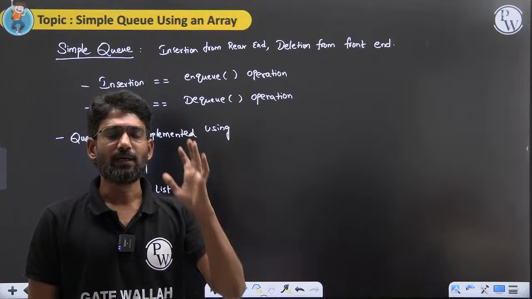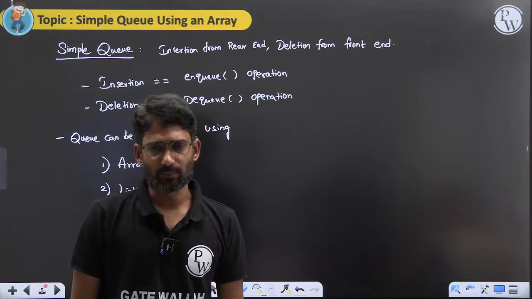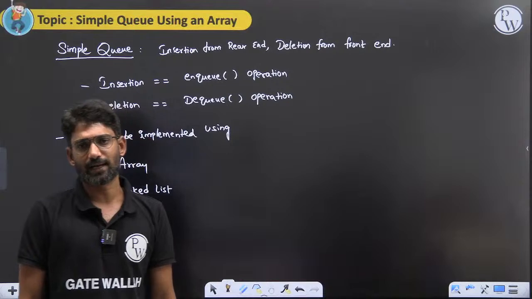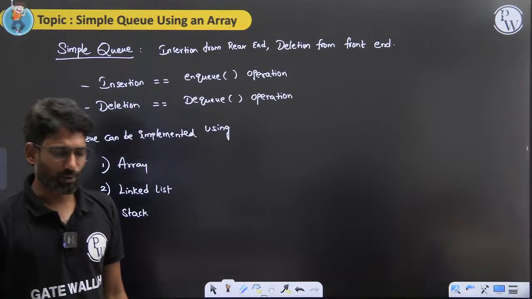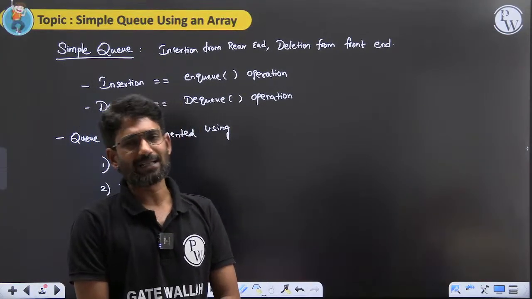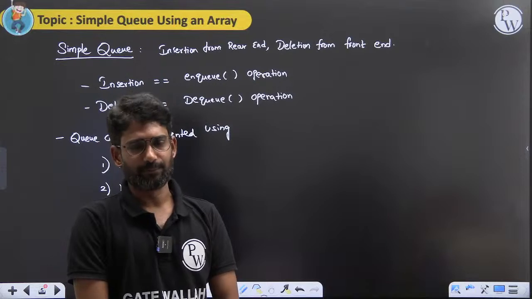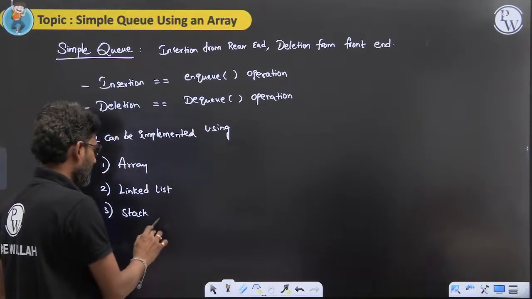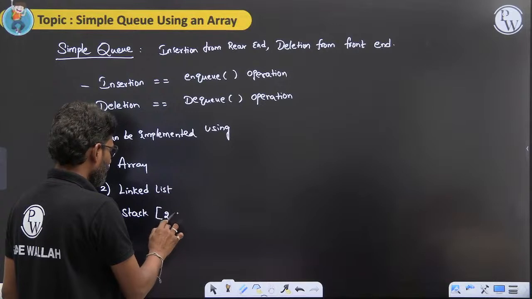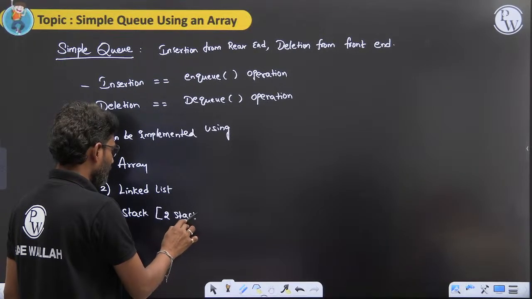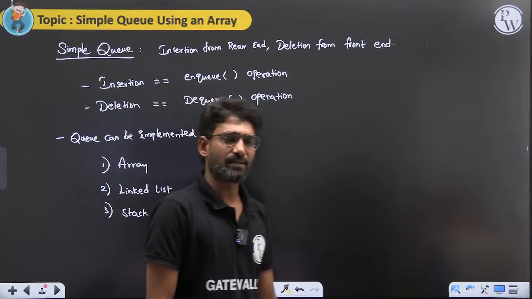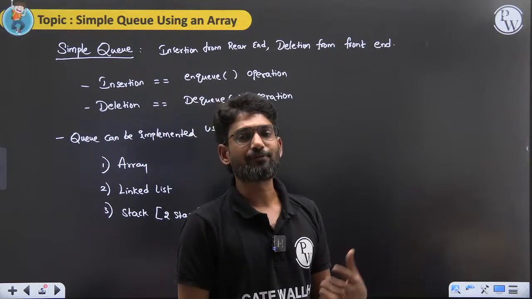Because of exponential time complexity, queue implementation with one stack is not recommended to use. That's why we say queue is implemented using two stacks, so that we will get the time complexity as big O of n.